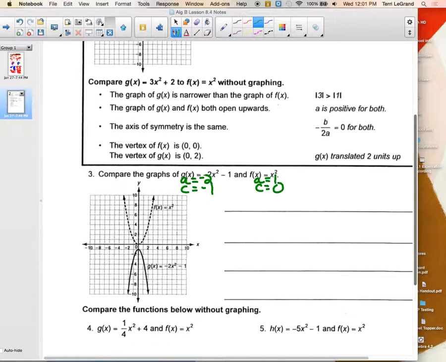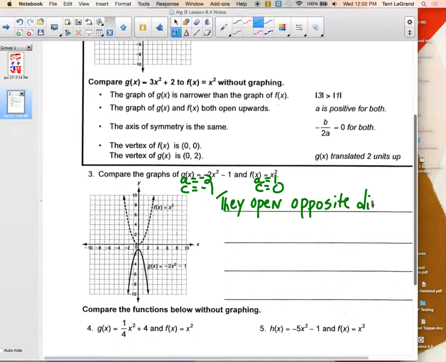So when it says compare, we're going to talk about all the things they have in common that are the same and what are the things that are different. So let's start with their opening, because we haven't done that yet. We're going to use the a value. The a value tells us 2 things. Do they both open the same way? No, they open opposite directions. Because of the a value, we're going to be able to do this abstractly. They open opposite directions.